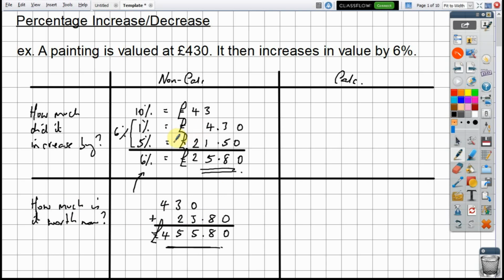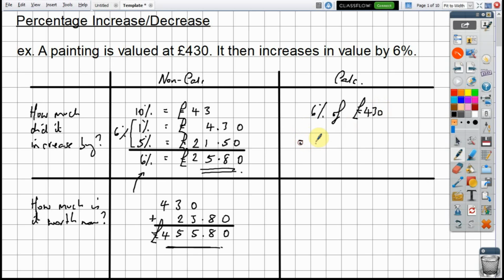Now, if instead they've provided you with a calculator, we're going to get the same answers. We could do it the same way, but that's a lot of work to write down if we don't need to write it down. It increases in value by 6%. How much did it increase by? Well, it increased by 6% of £430.